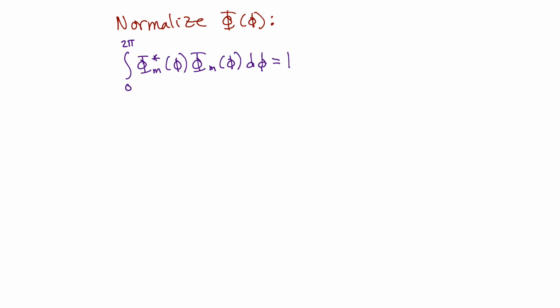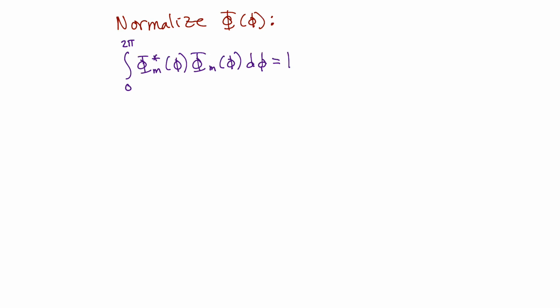All right, and then it gets exciting. I think this is one of our first functions that is actually complex. So our complex conjugate here is actually going to do something for us. All right, so let's plug in our function.